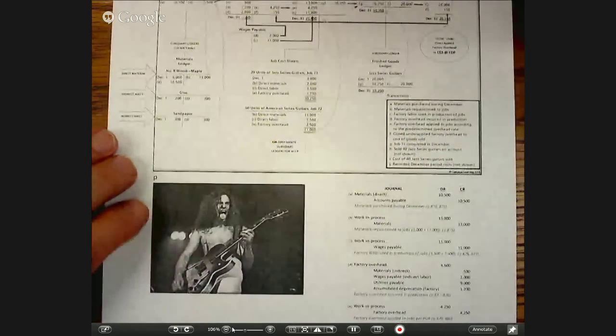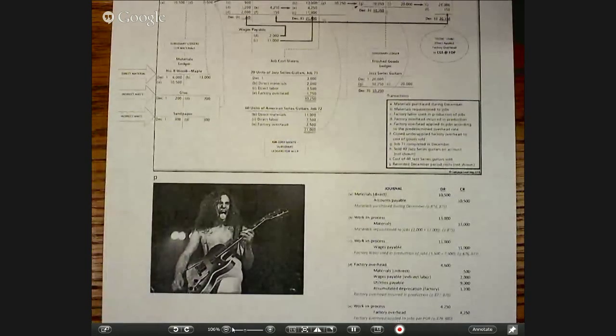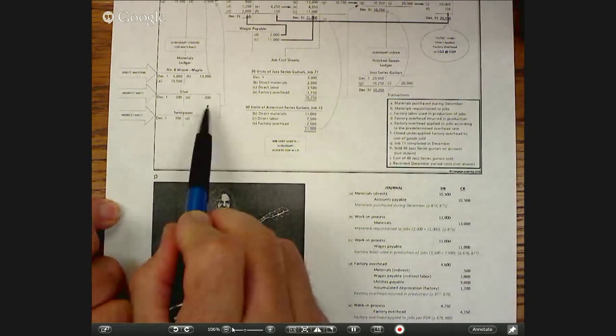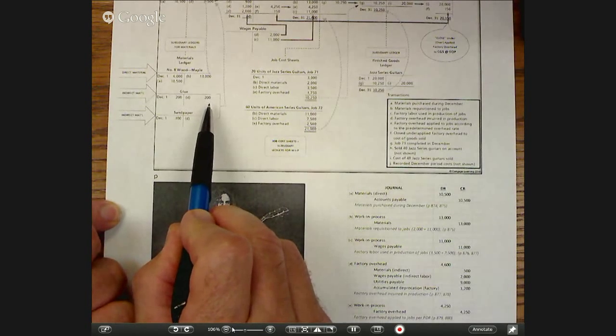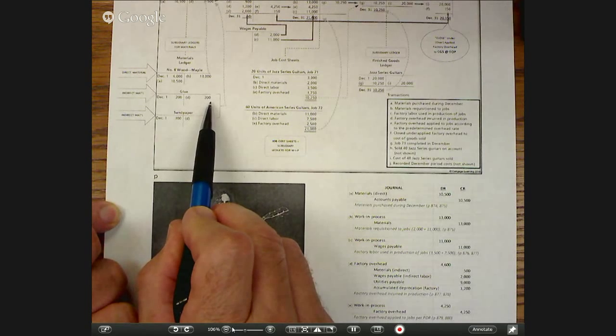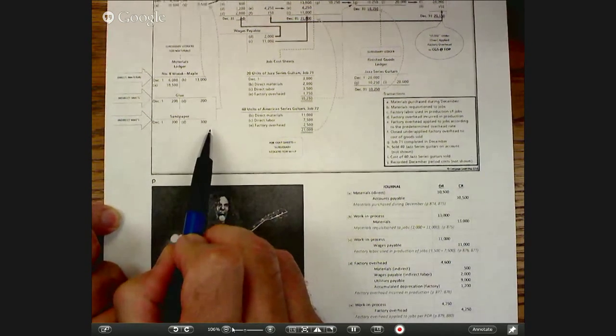Okay, so this is how overhead is allocated. This is on page 878. It says that the company used $500 of indirect materials. Now, remember, the indirect materials are those materials that are not directly part of the finished product. And these would be the glue and the sandpaper that would be used.